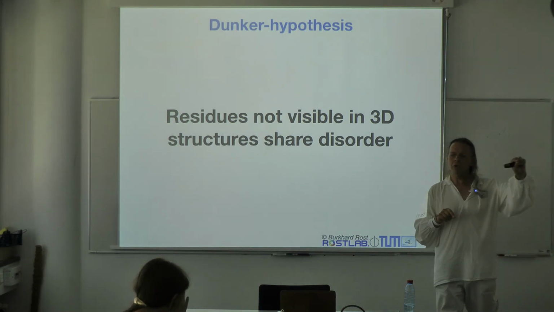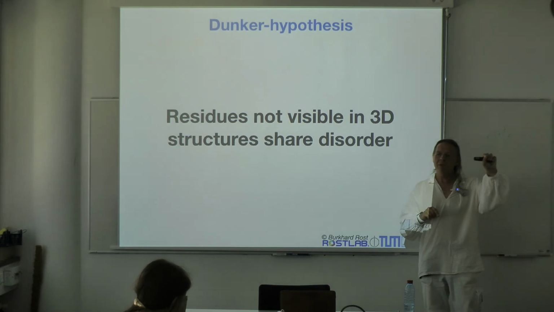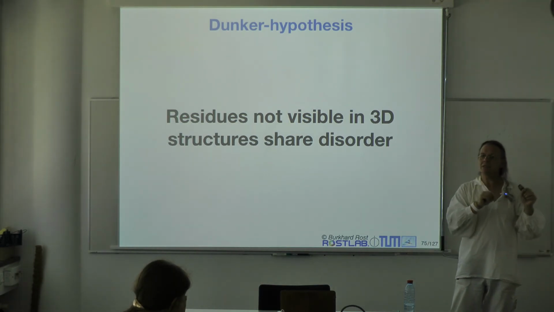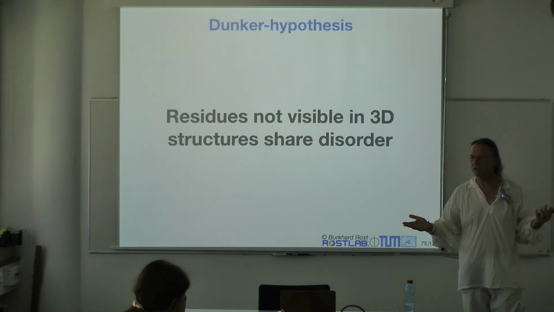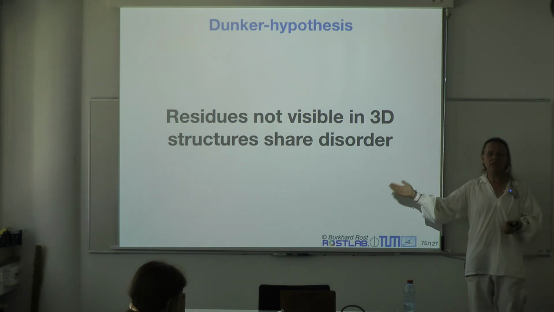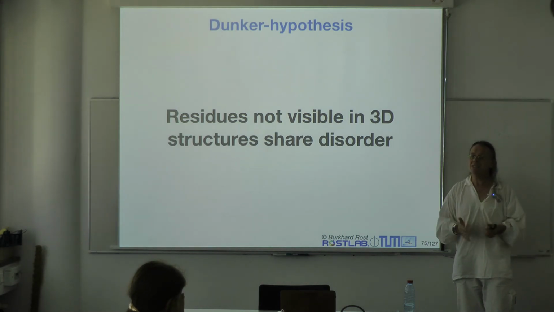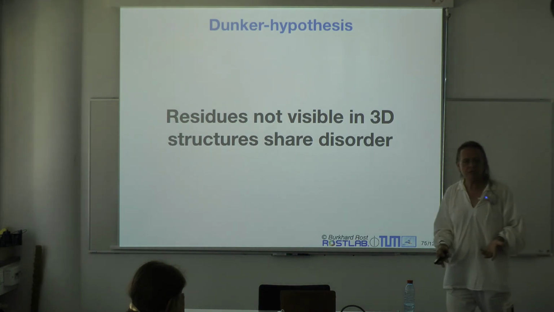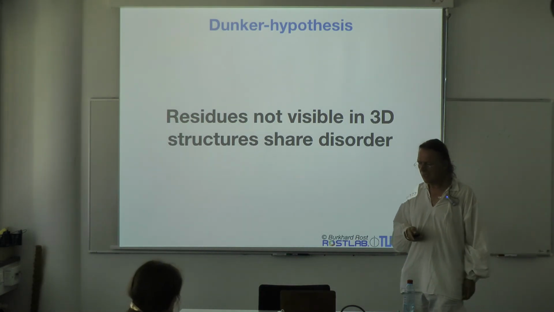However, if one molecule has this residue like this and the other one like that, then the combined scattering is confusing. So essentially what you see is nothing. You just don't have electron density, because you don't have a consistent electron density, okay? And that was the argument. Everything I don't see is disordered.